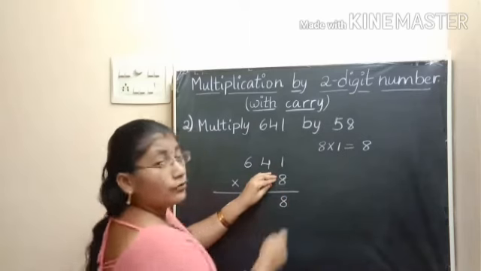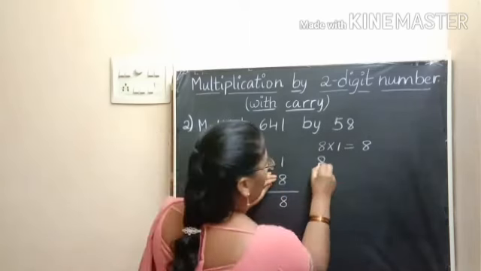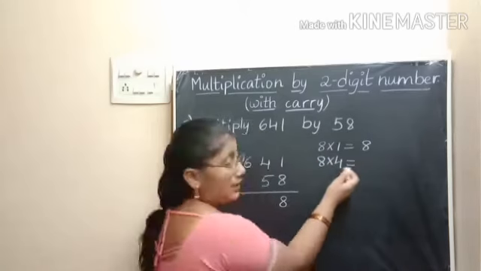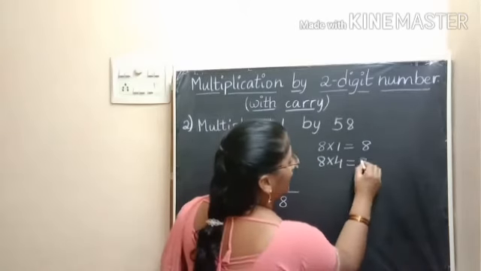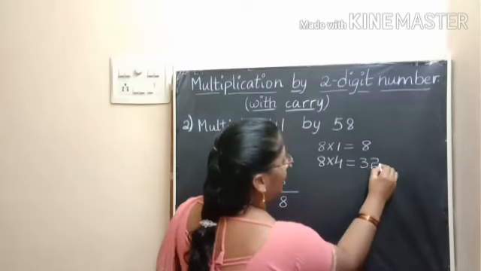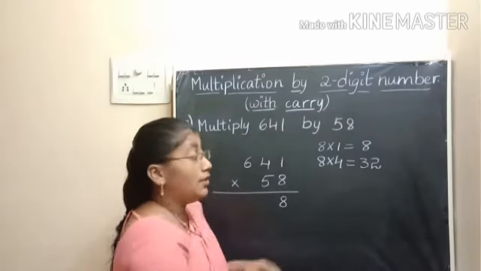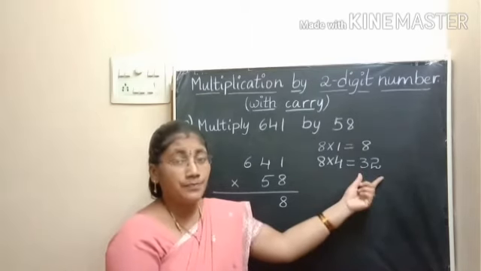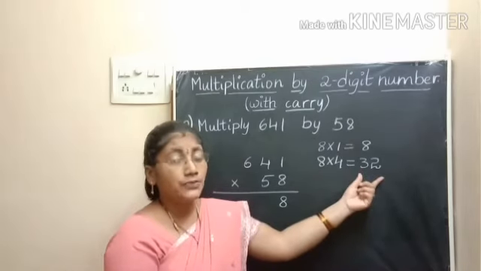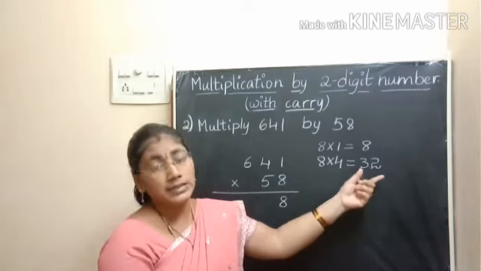8 into 4 is equal to 32. But here we have 2 digits. We have to write only a single digit number as a result.